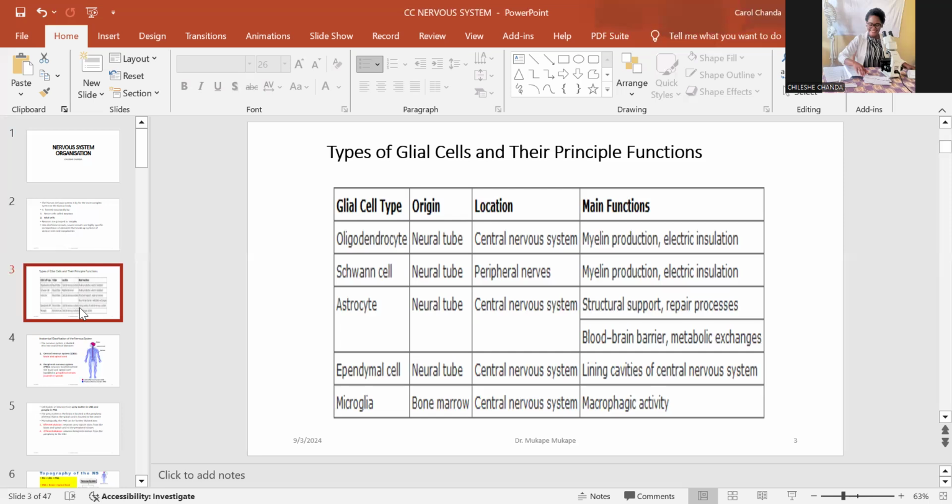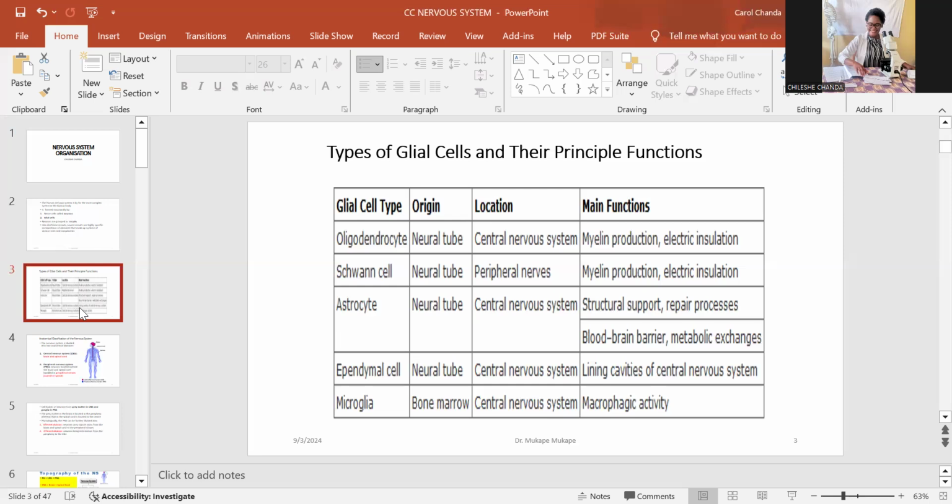And then we have astrocytes. They are also found in the central nervous system, and their origin is also from the neural tube.